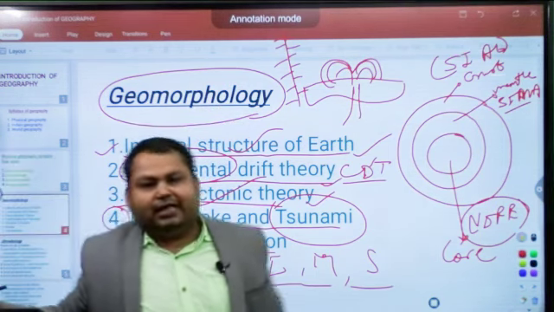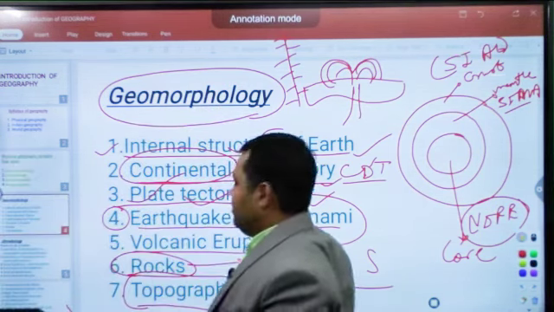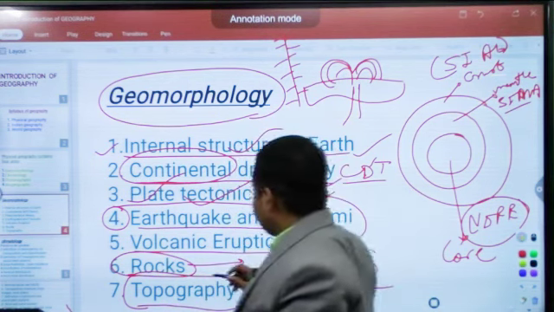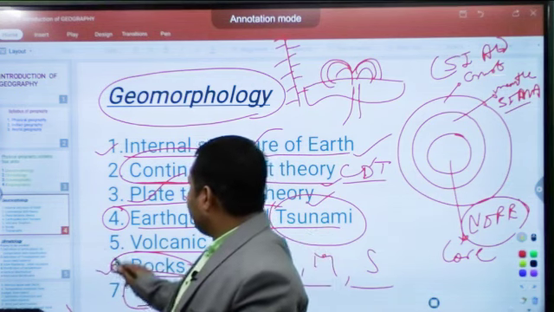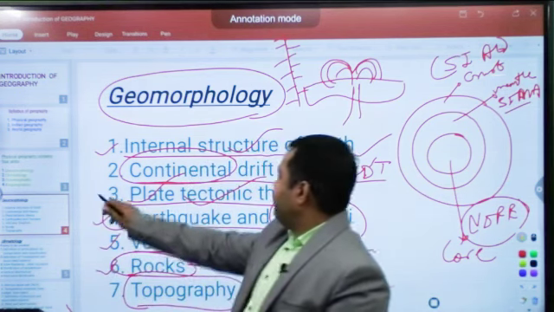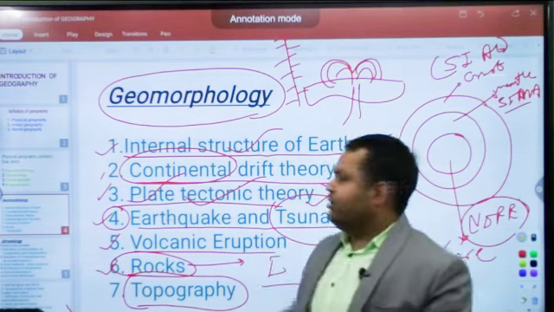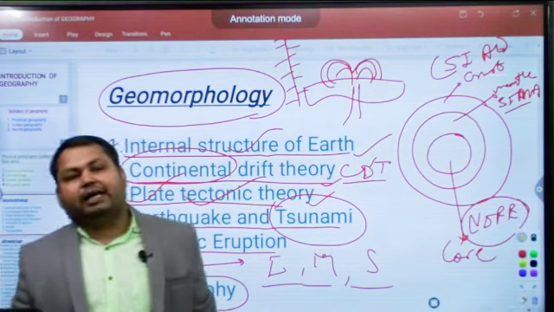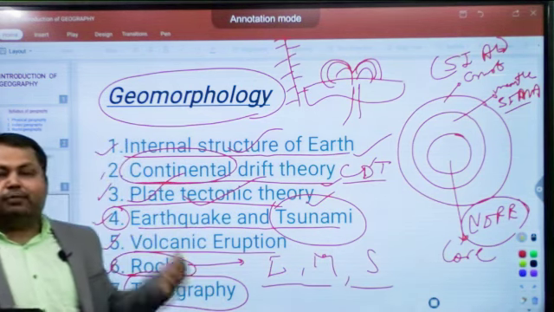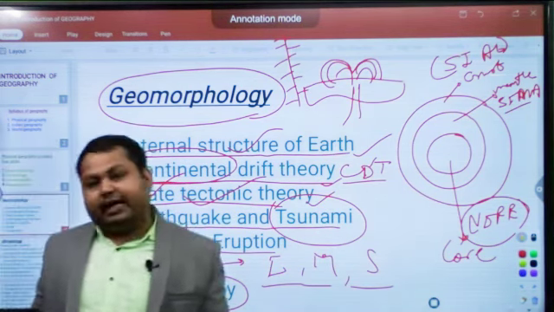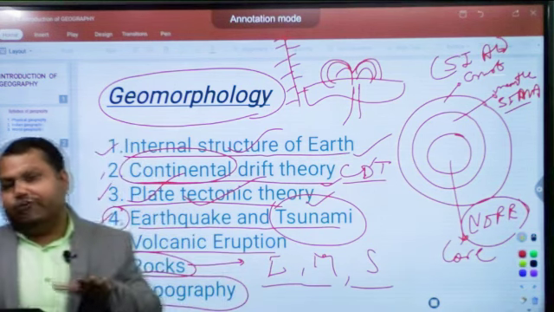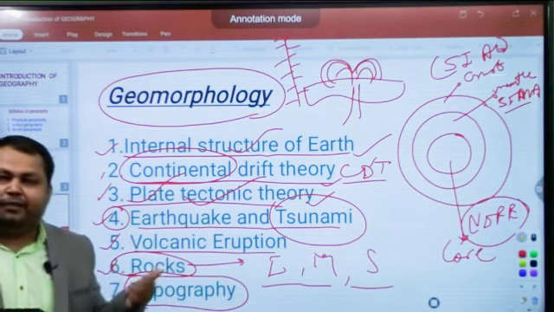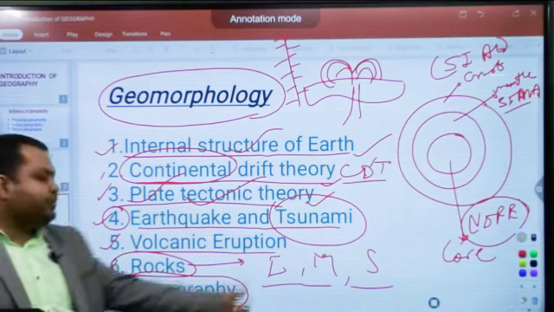So, whatever structures have been created in the process of formation of rocks, volcanic eruption or earthquake, plate tectonics, continental drift theory, or internal conditions of the earth, those are balanced by external forces. And when the external forces balance the outer surface of the earth, the structures formed in between the process are called topography.